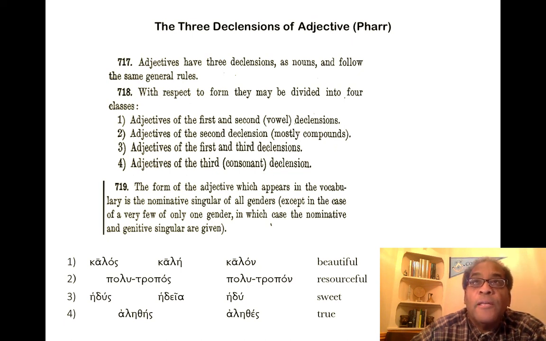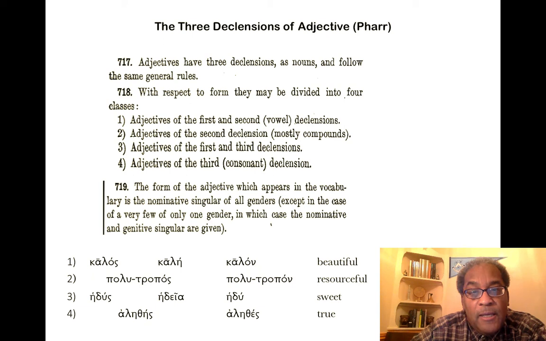Polutropon is, of course, the adjective applied to Odysseus, so very resourceful, full of tricks, full of turns. And then number 3, adjectives of the first and third declension. So, hedus, hedea, hedu. We see that hedea is obviously of first declension ending, whereas hedus and hedu are third declension endings, which you'll see down the road.